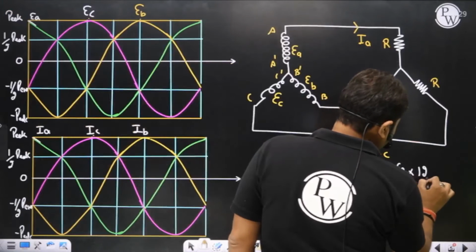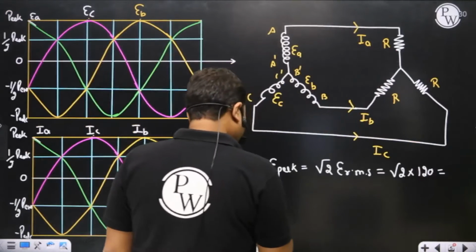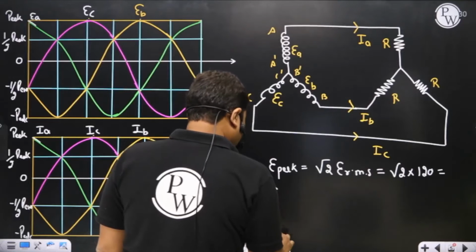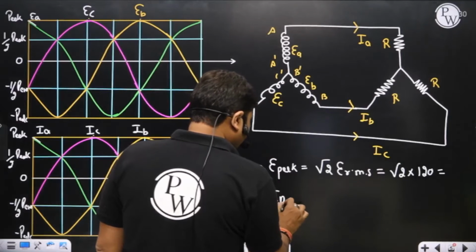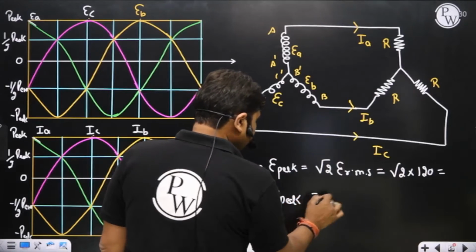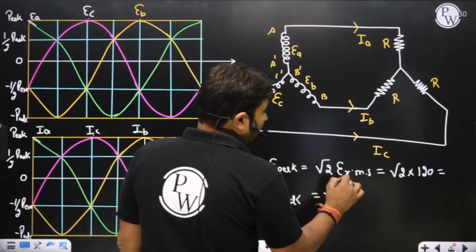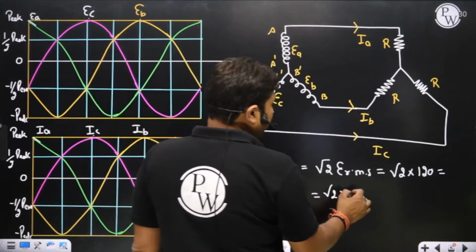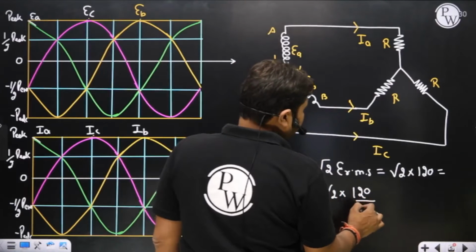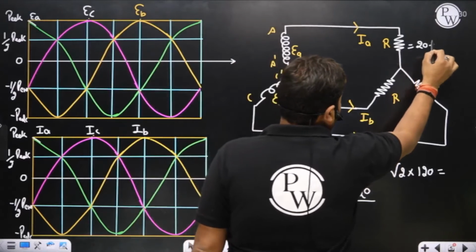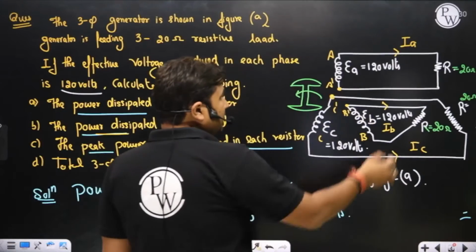So we have peak voltage and peak current also. The peak current will be root 2 times the effective current, and the effective current is 120 by R, where R is 20 ohm.